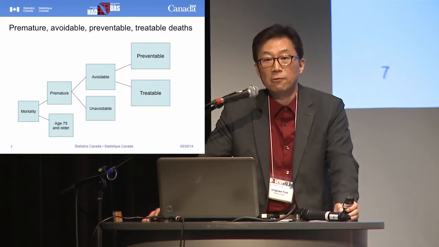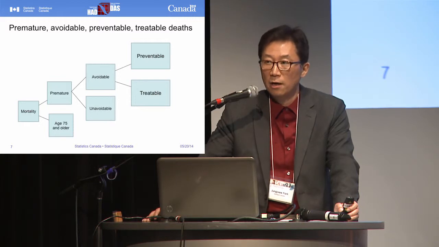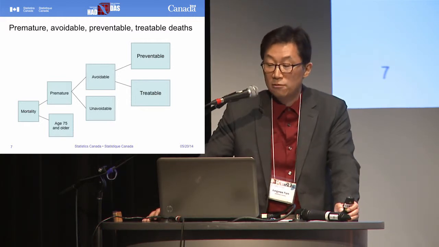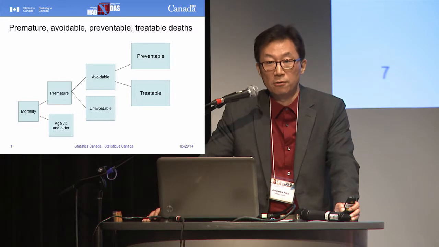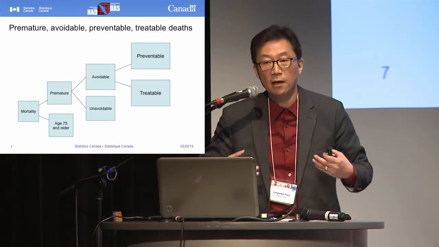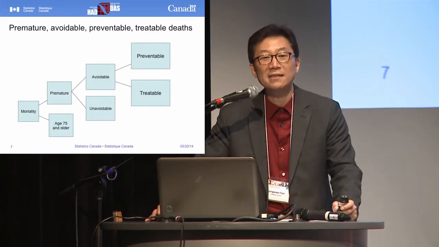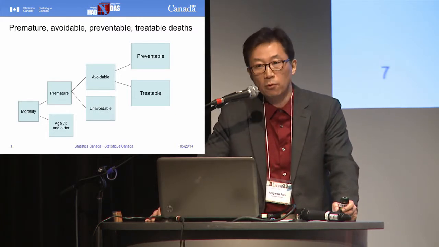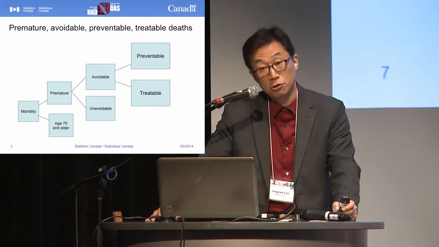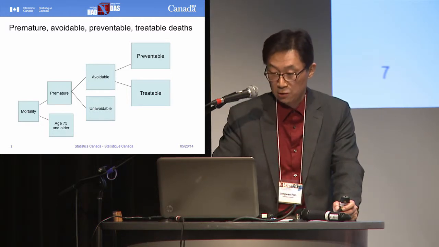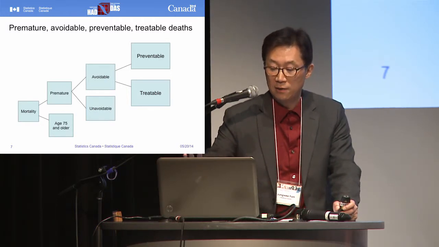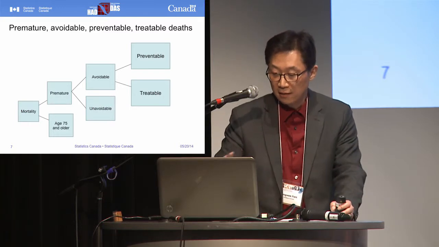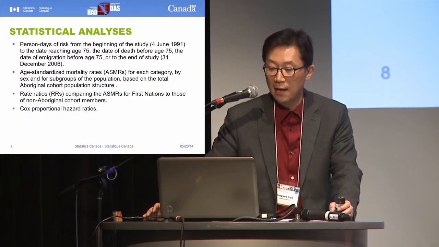Lung cancer is now classified as a preventable cause of death. And treatable, colorectal cancer. So we have a series of ICD code lists which are preventable, which are treatable, and which are unavoidable. Based upon that classification, we have this line of concepts, and that's the basis of our analysis.